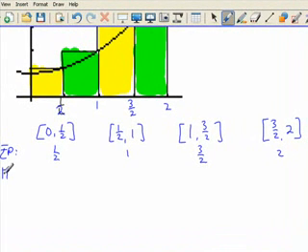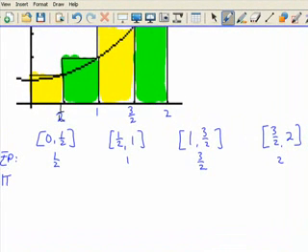Height would be f of 1/2. And you can go back, I'll leave this work for you to do. If you plug in 1/2, you get 5/4. If you plug in 1, you get 2. If you plug in 3/2, you get 13/4. If you plug in 2, you get 5.